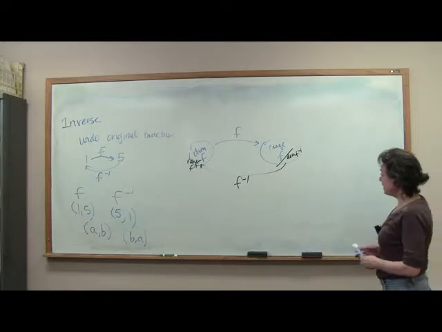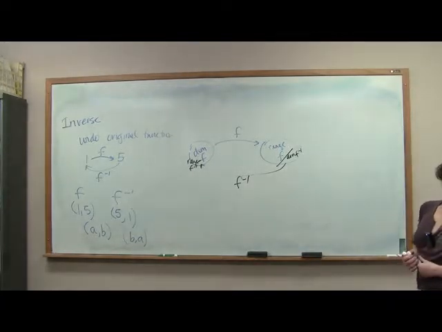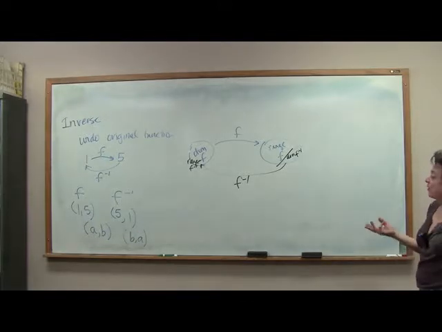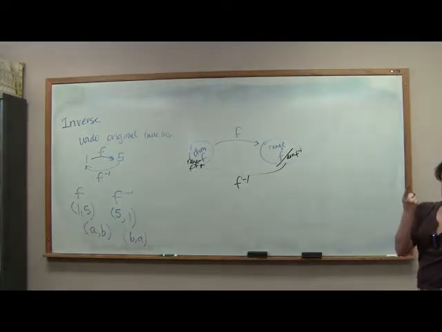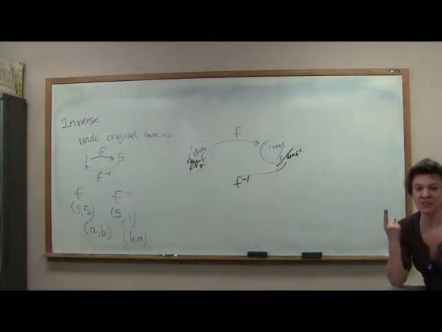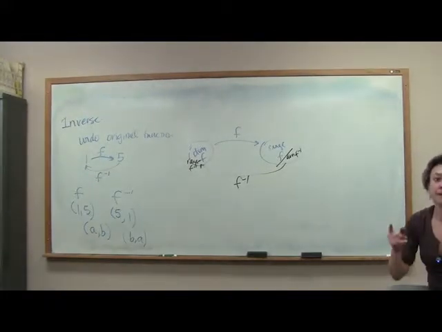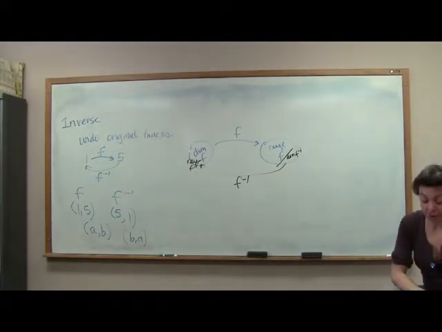Now, let's think about this, okay? One question we have to ask is, well, there's actually 3 questions we're going to ask. The first question is, when do inverses exist? Do inverse functions exist for all functions or just in some cases? That's one really important question.